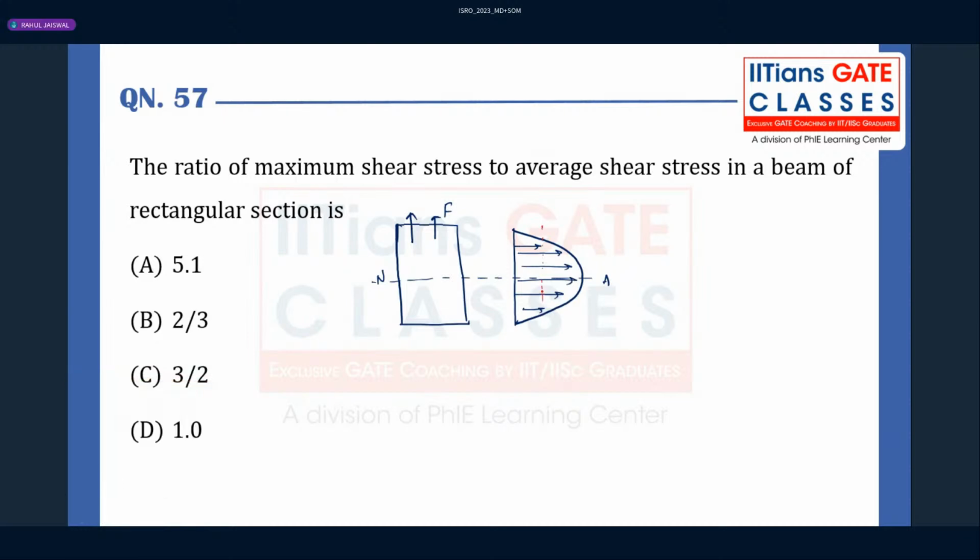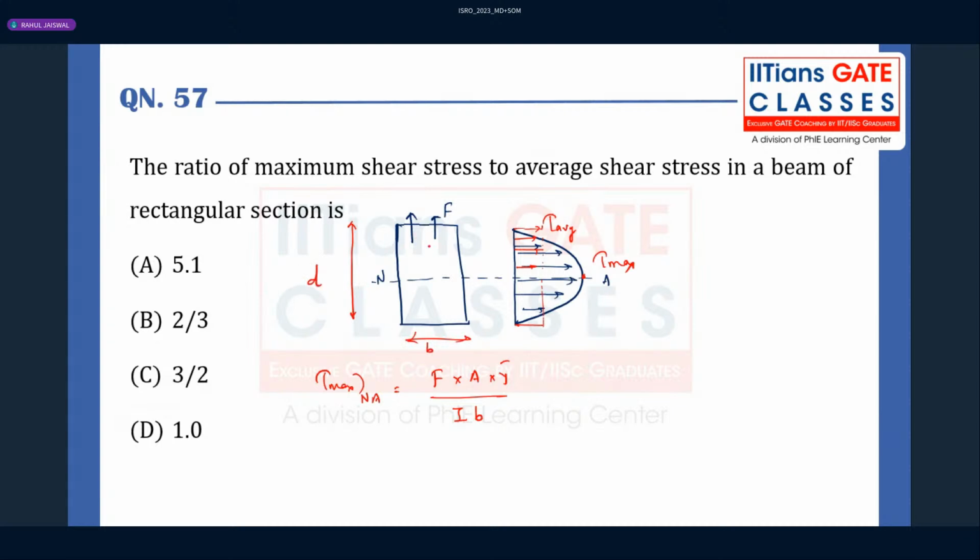So they are asking what is the relationship between average shear stress and the maximum shear stress. How to get the value of maximum shear stress? Maximum shear stress we get at the neutral axis. And what is the actual formula? Shear force into A into y bar divided by I multiplied by B. Let's say B is the width, and D is the what?